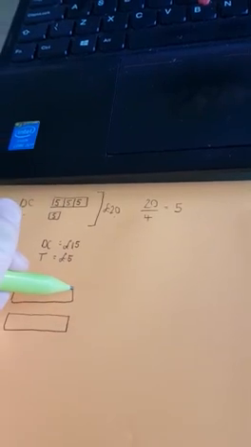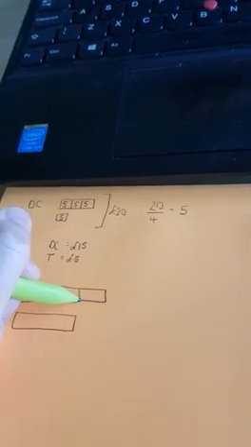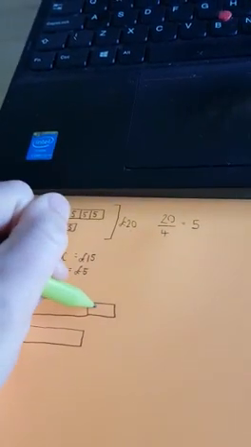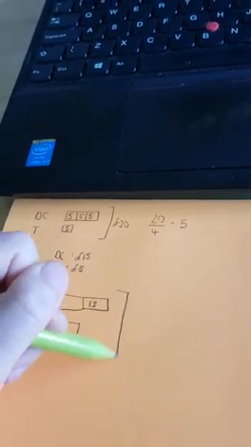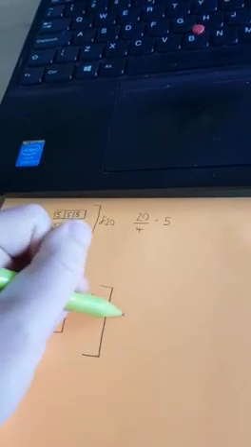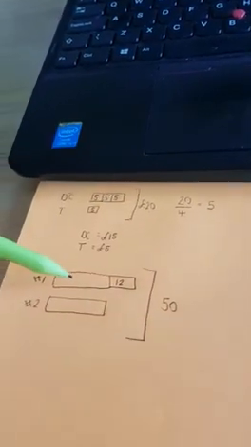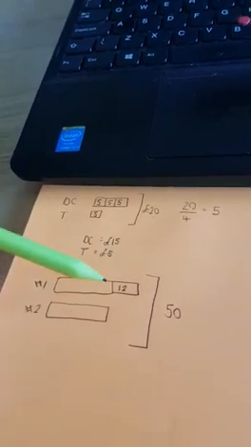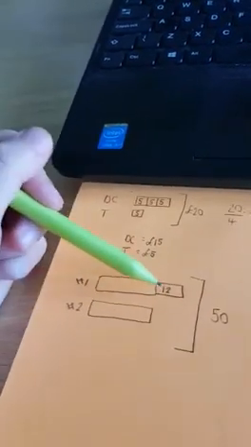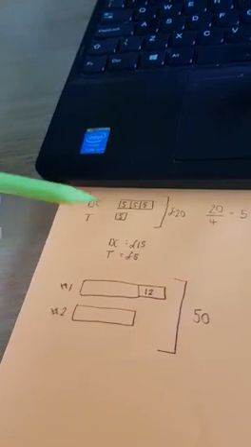So one of these numbers is 12 more than the other. Together, the sum is 50. So this number, add this number, equals 50, but this number here, number 1, is 12 more.